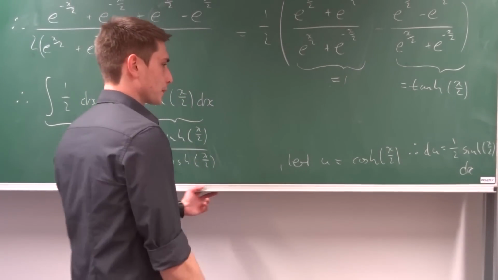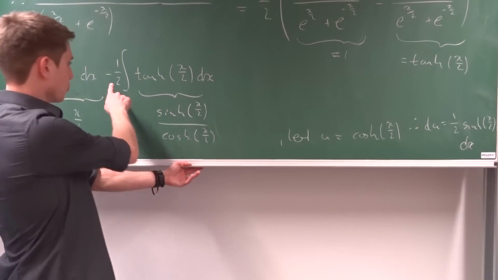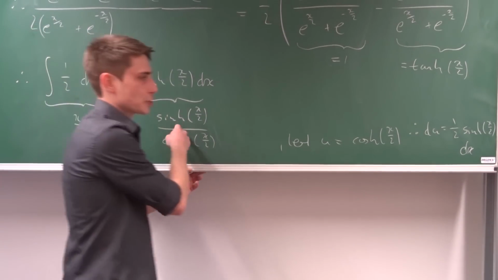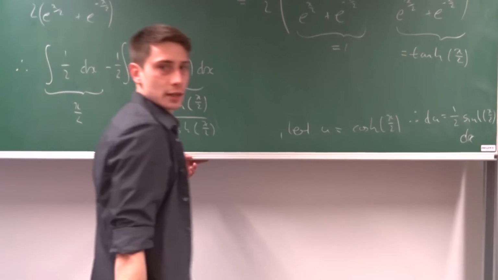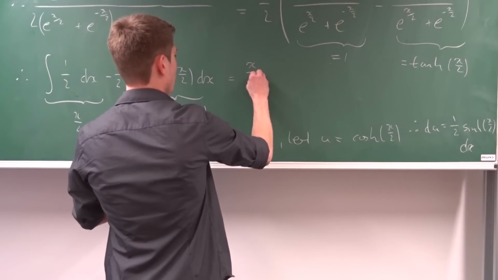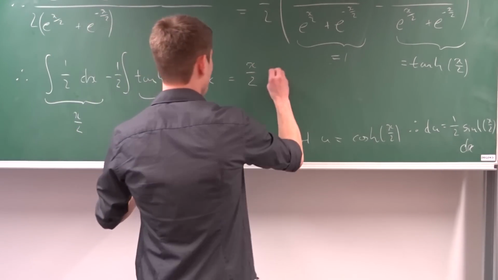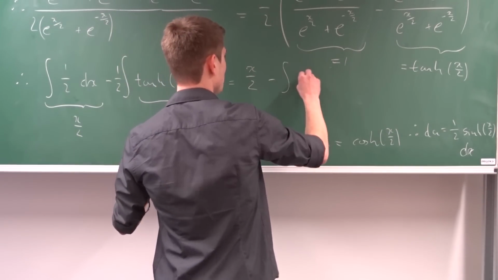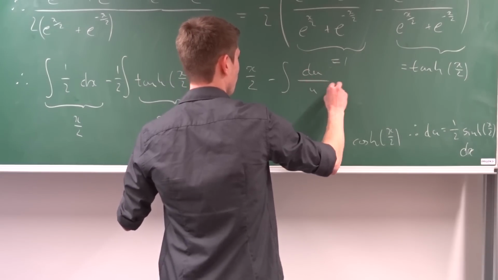So that's nice. Because we know 1/2 times sinh of x over 2 is just our du in this case. We also have this dx. So all in all we get x over 2 minus the integral of du over u.